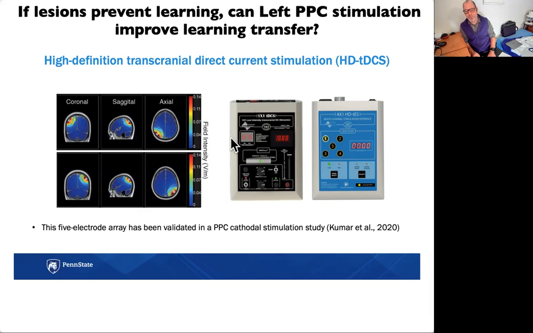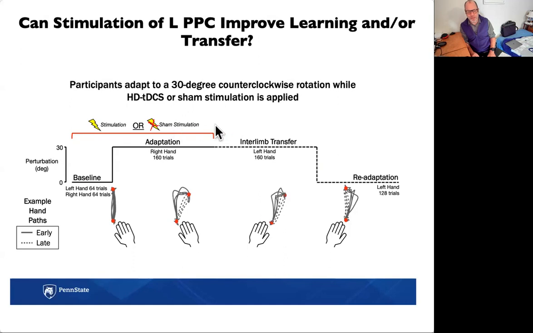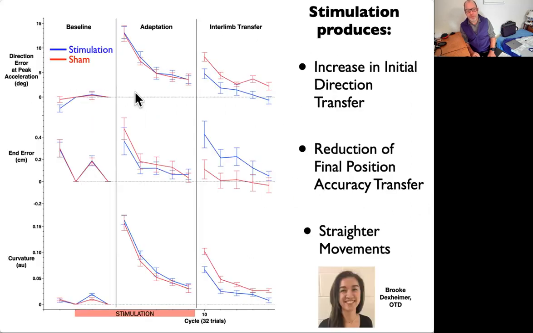For various reasons that, for time, I don't really want to get into here, we used HD-tDCS, and we stimulated at baseline and early in adaptation. We looked at interlimb transfer, and we looked at readaptation. And this is our early findings, corrected for the baseline.